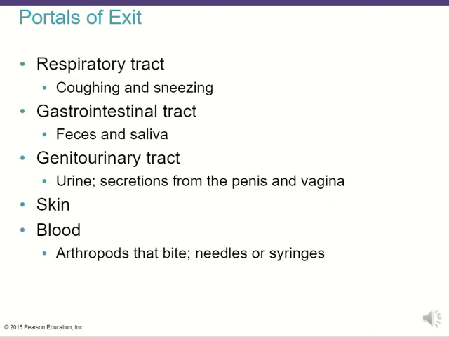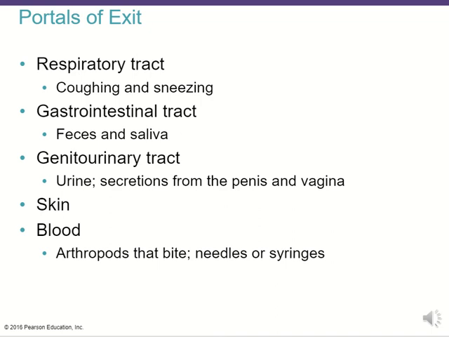Lastly, portals of exit. These are ways where these pathogens can either be removed or escape the body after growing. Some examples include the respiratory tract, where we breathe, such as the process of coughing and sneezing to get a pathogen out of our bodies, or through the gastrointestinal tract, through saliva or through feces.